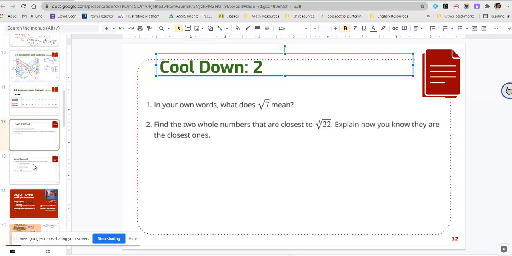Let's see if putting it into a different number would change it. What if I had something like the square root of 25? So this was something we looked at in our warm-up today. Do you remember what the square root of 25 is from our warm-up? Five? Yeah, perfect.